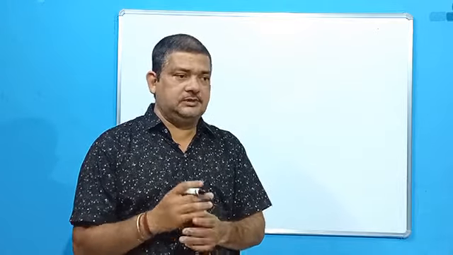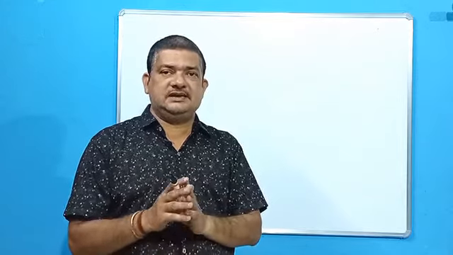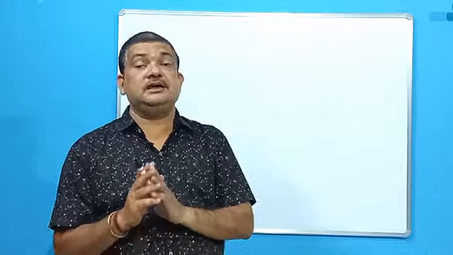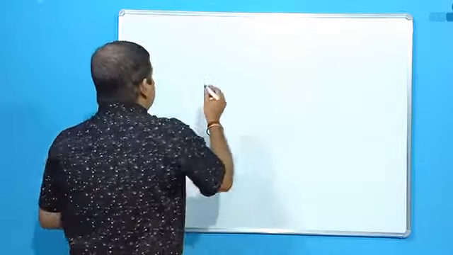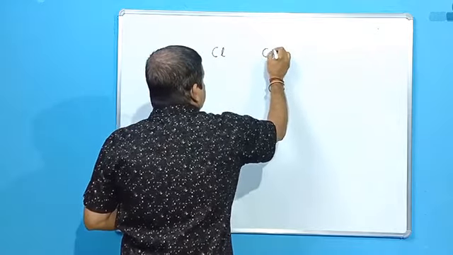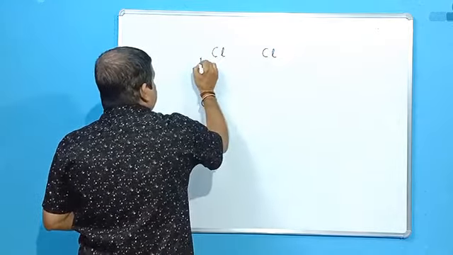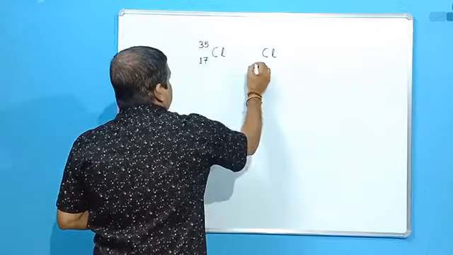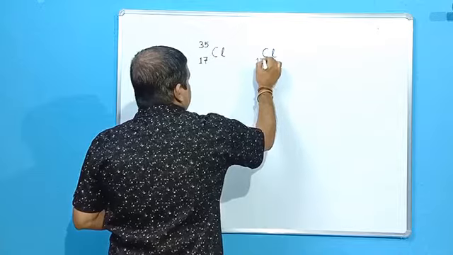Then why is the average term used? You know the elements are available in nature in the form of different isotopes. For example, we will take the case of chlorine. Chlorine has two isotopes. Atomic number is 17, one is 35, another is 37.